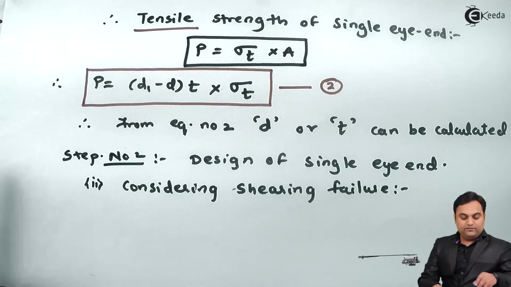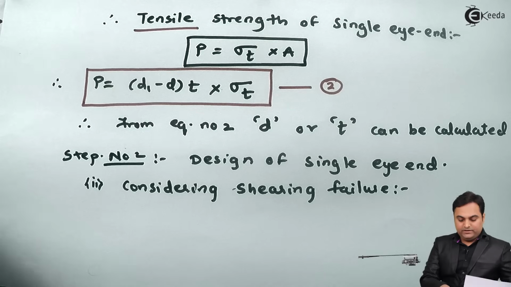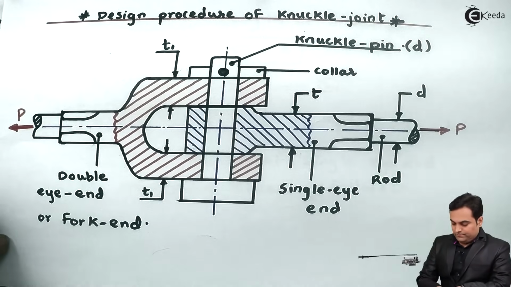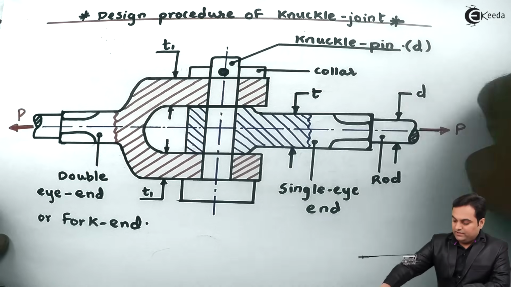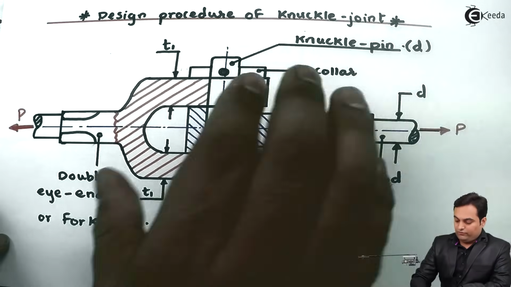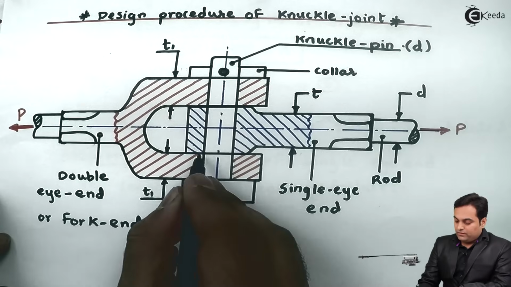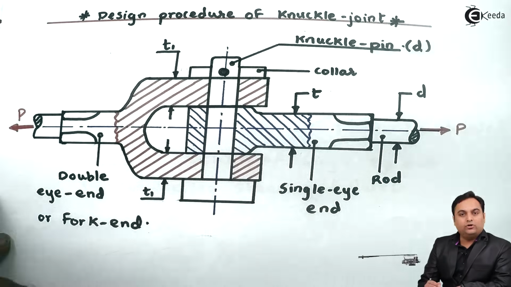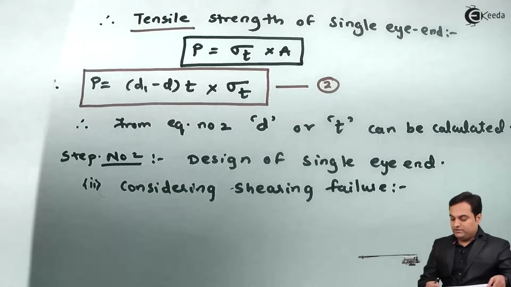So considering shearing failure, what is meant by shear is that when we are applying a load to this single eye end, there are chances of it to slide from here, that is this section, it will be sheared off. So it will look something like this when I draw that.